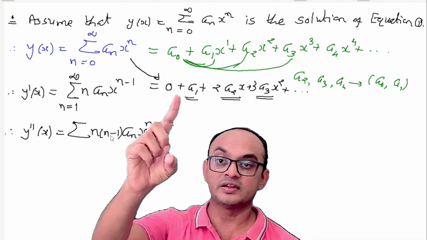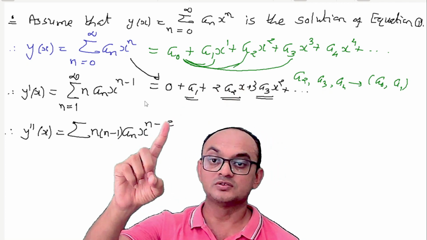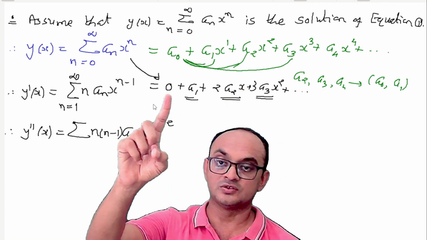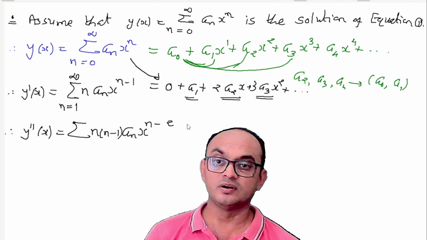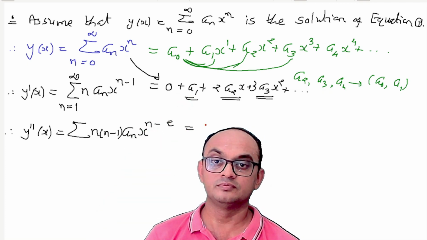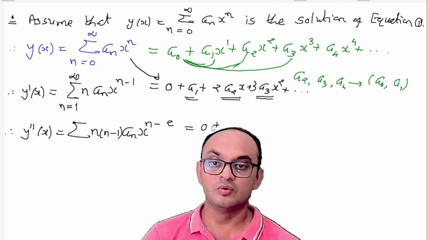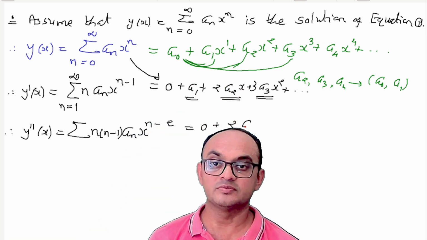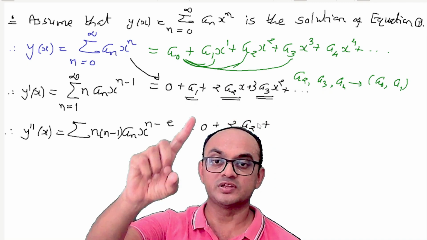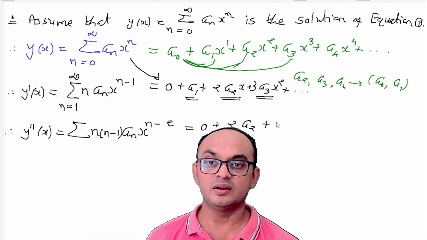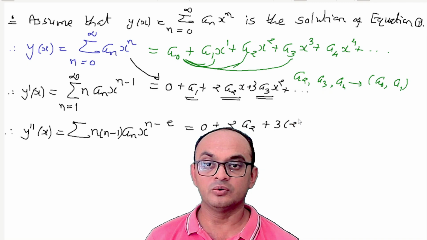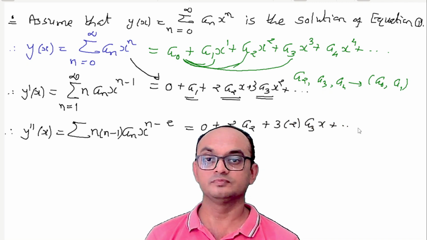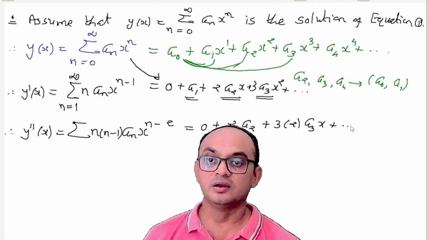Now here, let us differentiate this again. So what is 0? Has already gone. What is the derivative of a1? It is 0, right? What is the derivative of 2a2 into x? It is 2 times a2 plus. What is the derivative of 3a3x square? It is 3 into 2 a3 into x and so on, right?